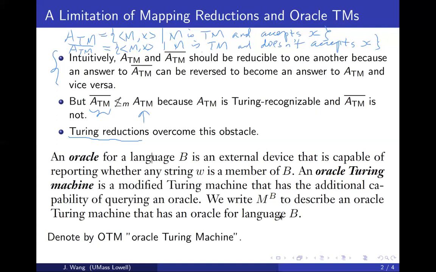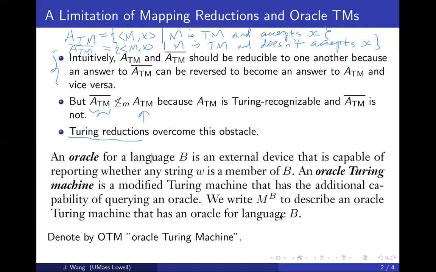So you make a query, right? So let's say I have an Oracle for B. We are given an instance of B, x. I want to know whether x is a positive instance or a negative instance. By positive instance I mean that it is in B. By negative instance I mean that it is not in B.